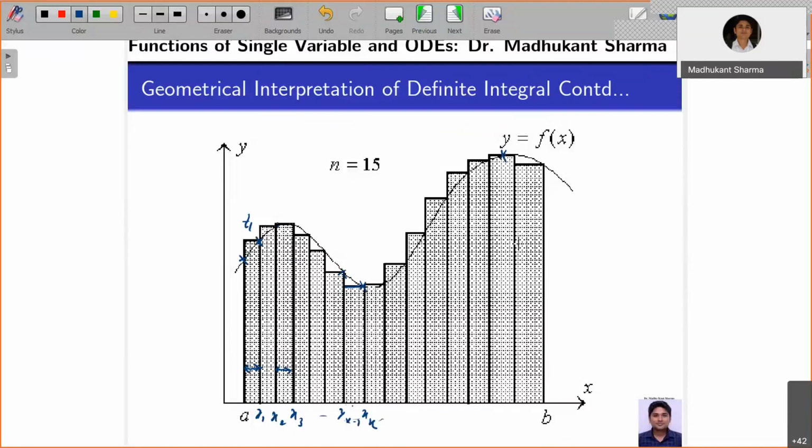Somewhere above, so this is going to be the tag point. This is like xn minus 2 and this is xn minus 1. So the tag point is somewhere in between now.